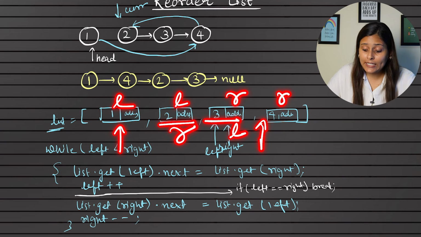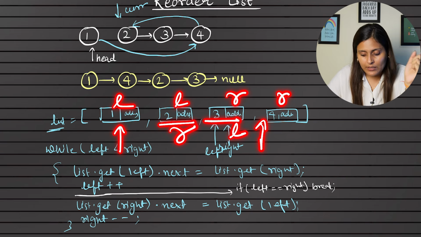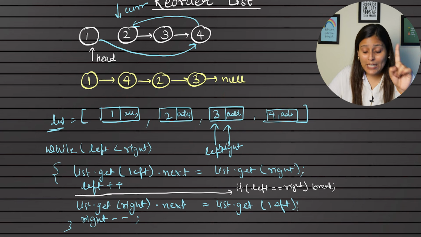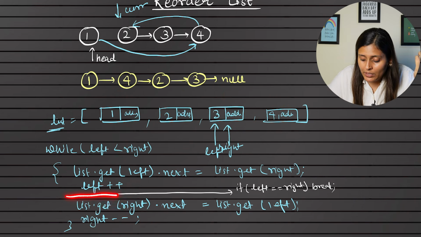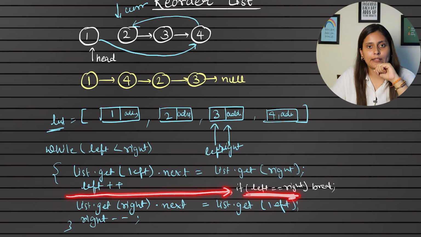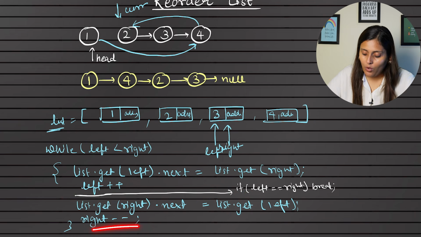So only in even it does not become equal first, it crosses each other. So that is why instead of doing left plus plus, right minus minus together, in between we have inserted this case. Okay. Now once done, read the head again.